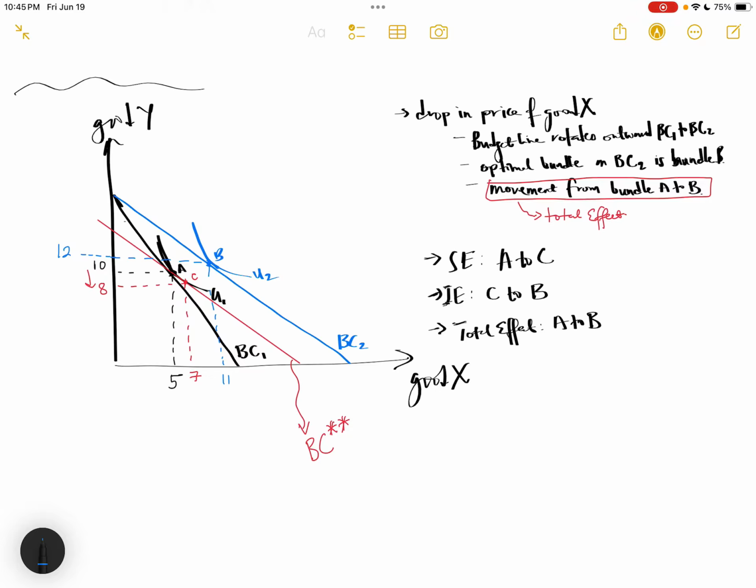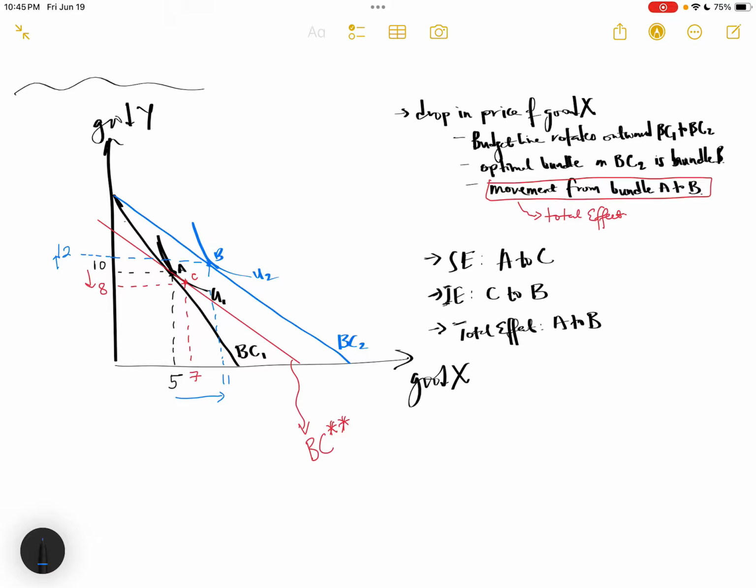All right, so when you move from A to B, you consume 12 units of good Y, an additional 2 units of good Y. And along the X axis, when you move from A to B, you consume an additional 6 units of good X.